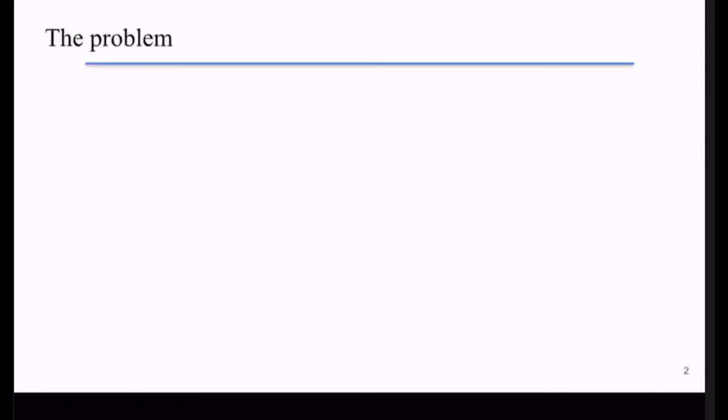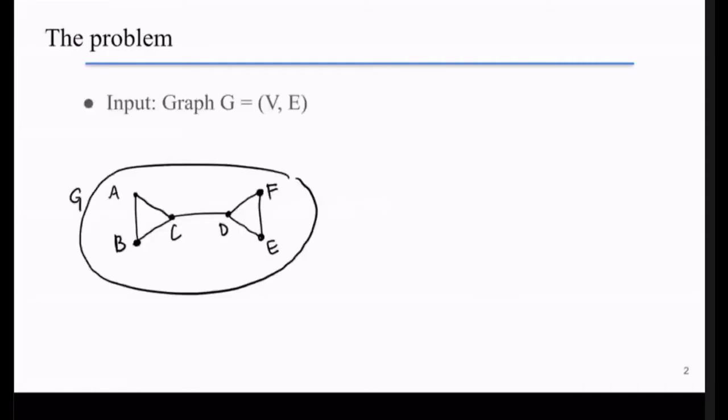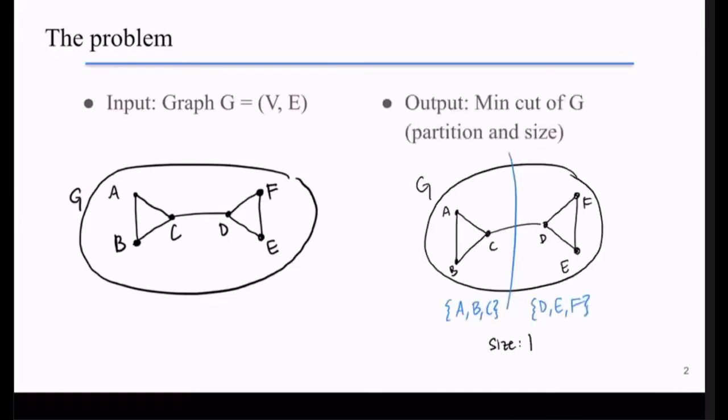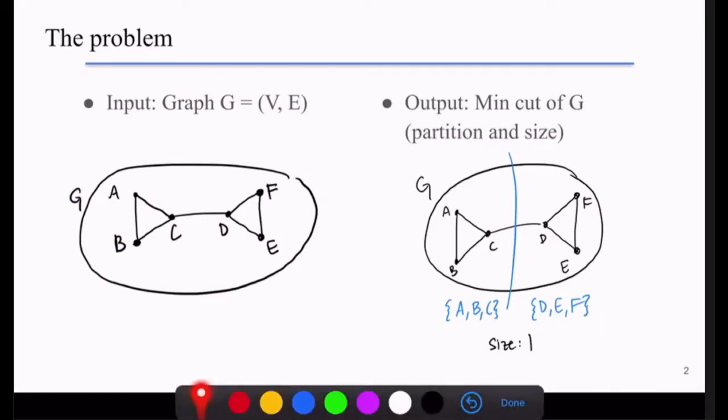Okay, so what is our problem? Our input is going to be some graph on vertices and edges, and our output is going to be the min cut of this graph. A cut of a graph is just specified by some partition of vertices. For example, ABC on one side and DEF on the other side.